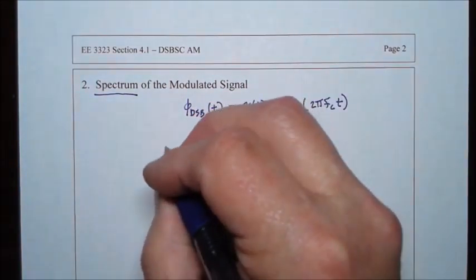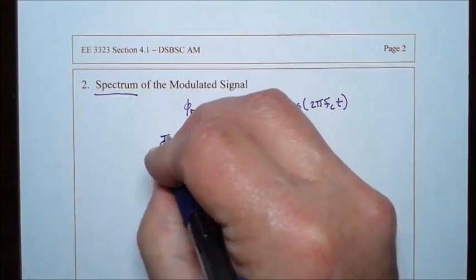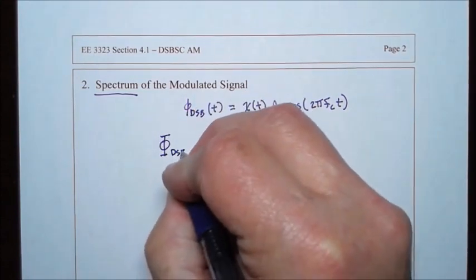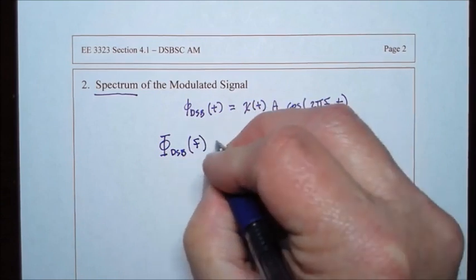And when we take the Fourier transform, we'll get capital Phi double sideband. It will now be a function of frequency.